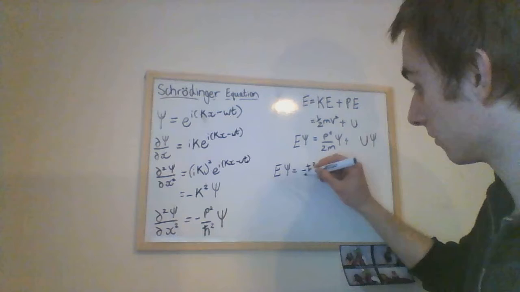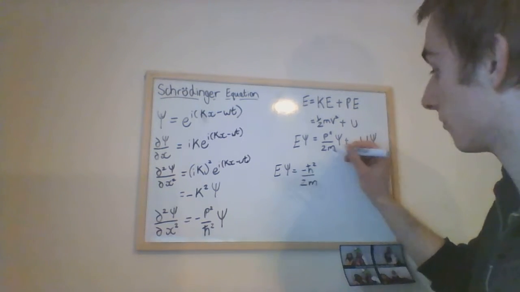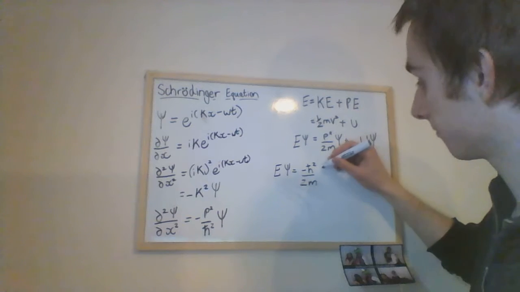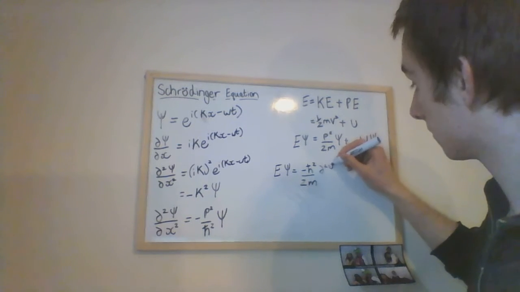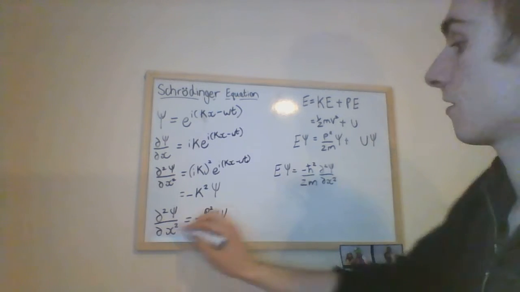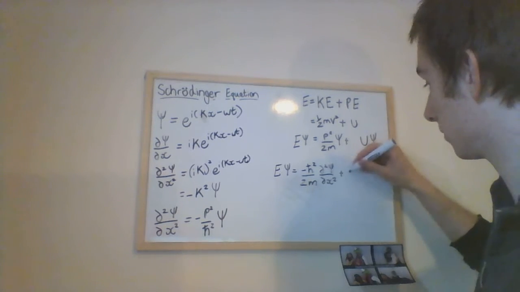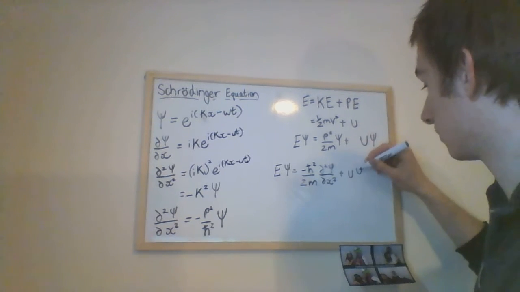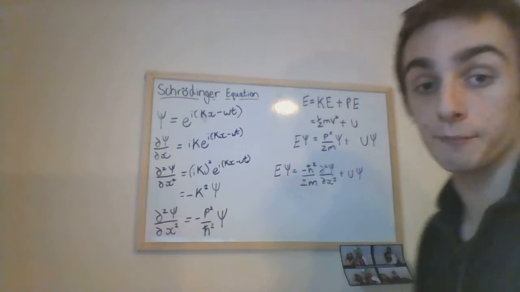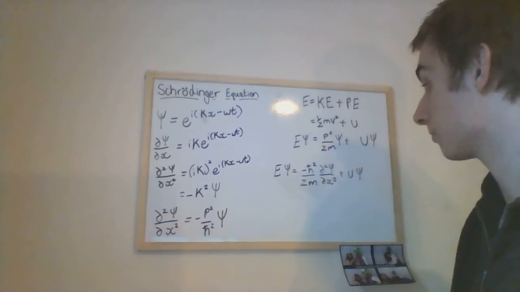H bar squared divided by 2m from here, multiplied by this guy, plus U multiplied by the wave function. And there we have the time-independent Schrodinger equation.